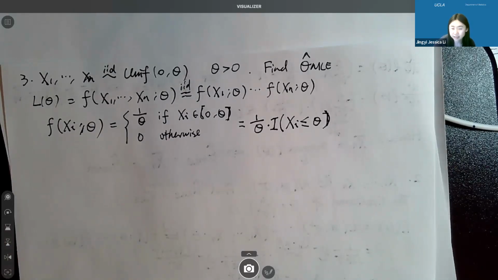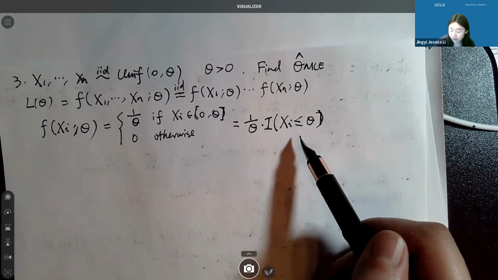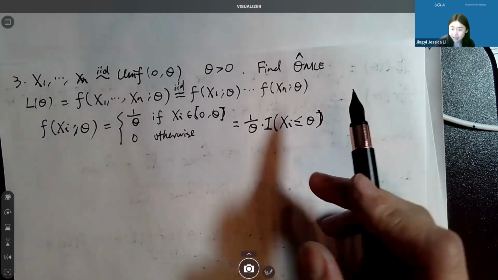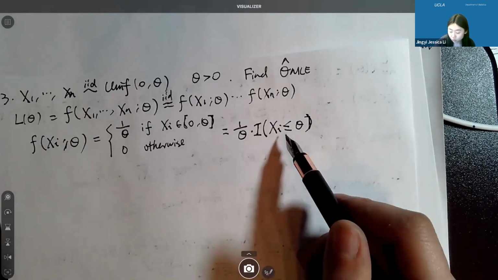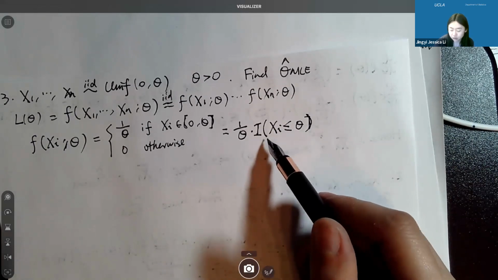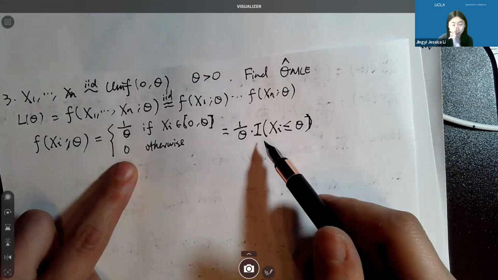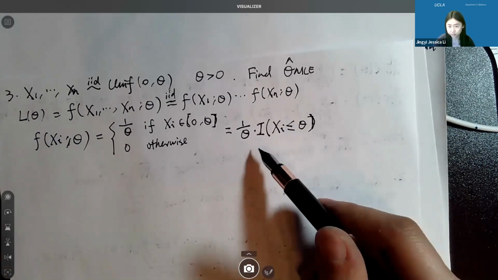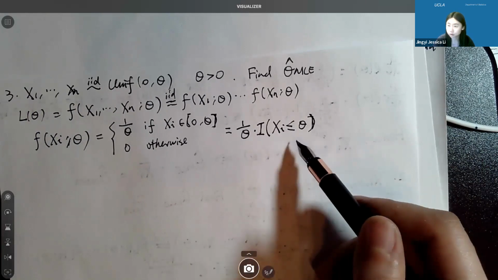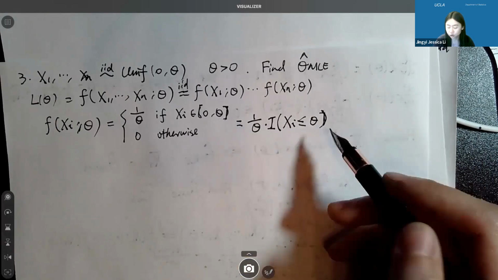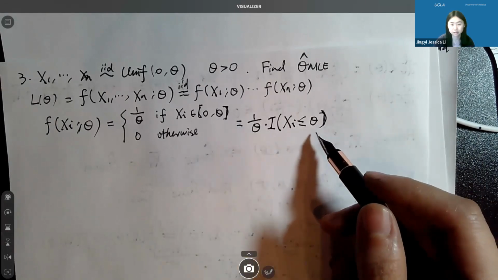When xi is less or equal than theta, the indicator function takes value 1. Otherwise, we get a value 0 from the indicator function, and that matches what we have here for the density. So I want to emphasize again, we include the indicator function because theta is the boundary of our definition here. If we ignore that, then we lose information that theta provides about the density.